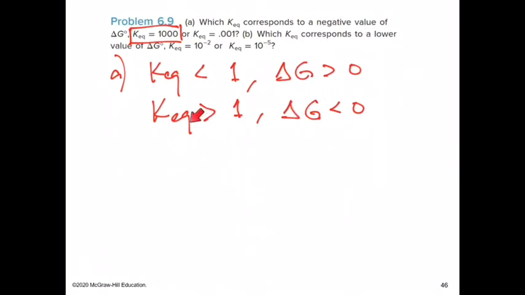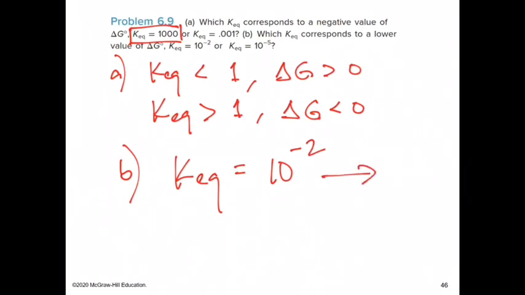And so the one with the higher Keq value will have a more negative delta G. So in that case, the Keq of 10 to the negative 2 will have a more negative delta G value.